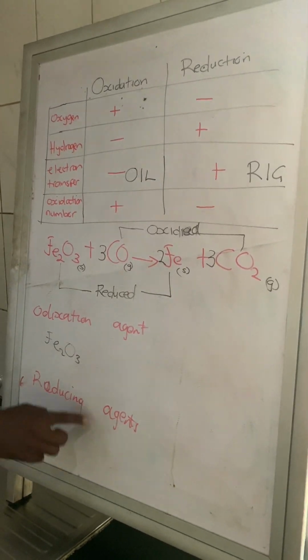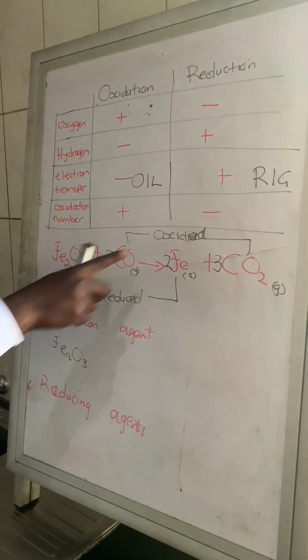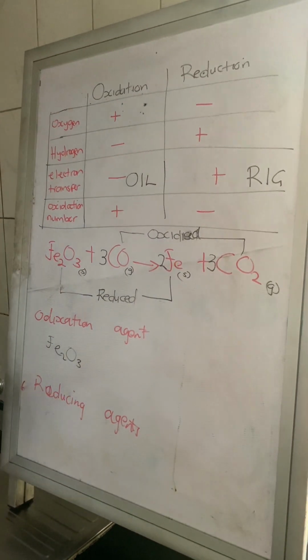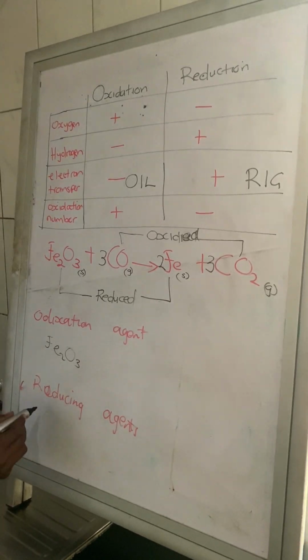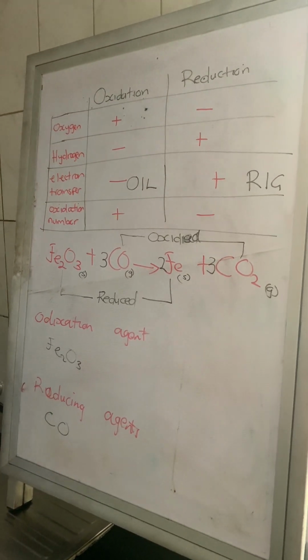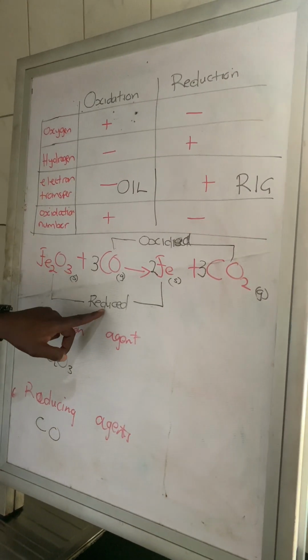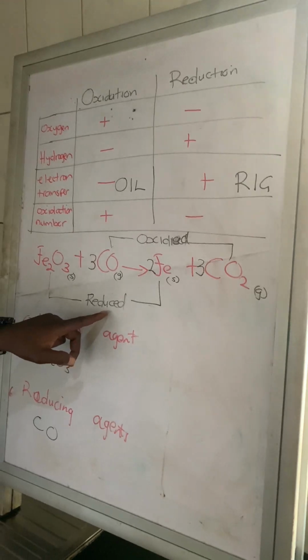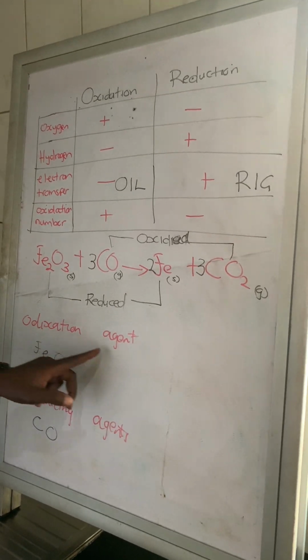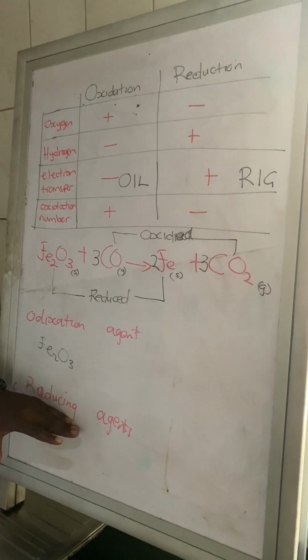Our reducing agent is carbon monoxide, because carbon monoxide is oxidized in the process. So the vice versa is true. The substance that has been reduced becomes the oxidizing agent. The substance which is oxidized becomes the reducing agent.